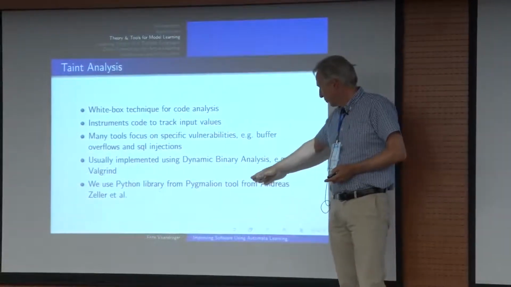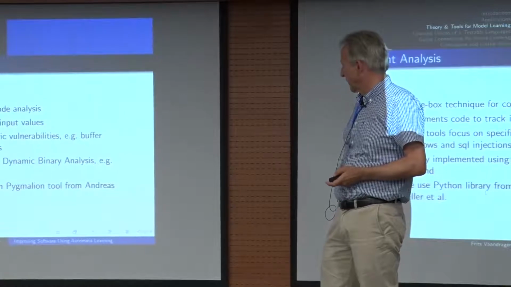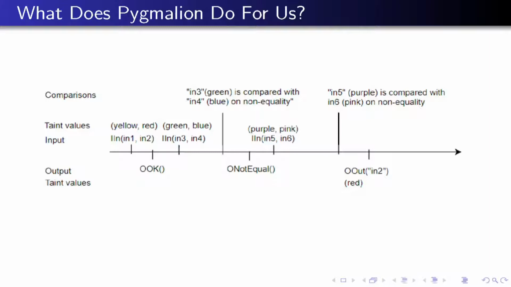We decided at some point to use a tool from the group of Andreas Zeller, which is written in Python, and so it applies to Python programs, and we applied that, and basically what we could do is to perform this tainting.